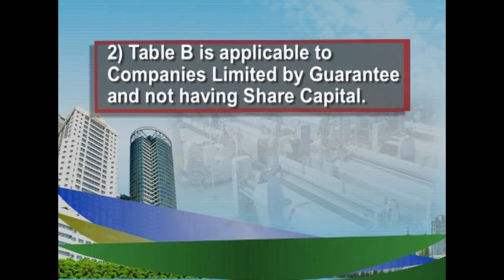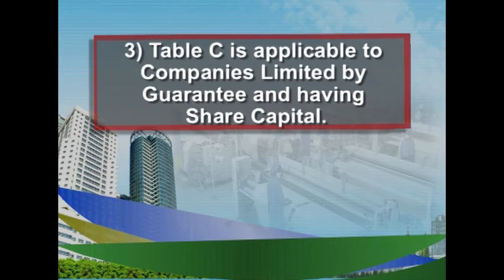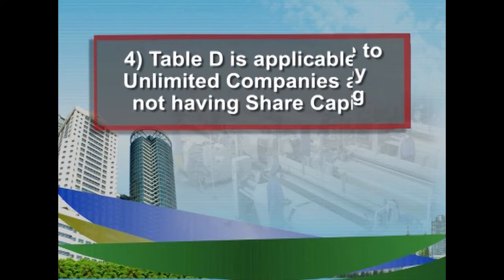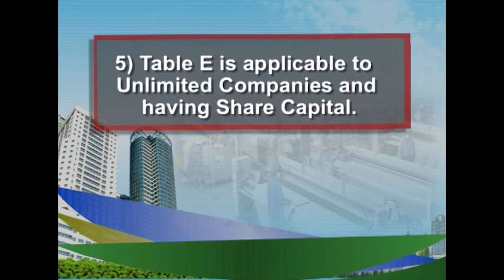Table B is applicable to companies limited by guarantee and not having share capital. Table C is applicable to companies limited by guarantee and having share capital. Table D is applicable to unlimited companies not having share capital. Table E is applicable to unlimited companies having share capital.